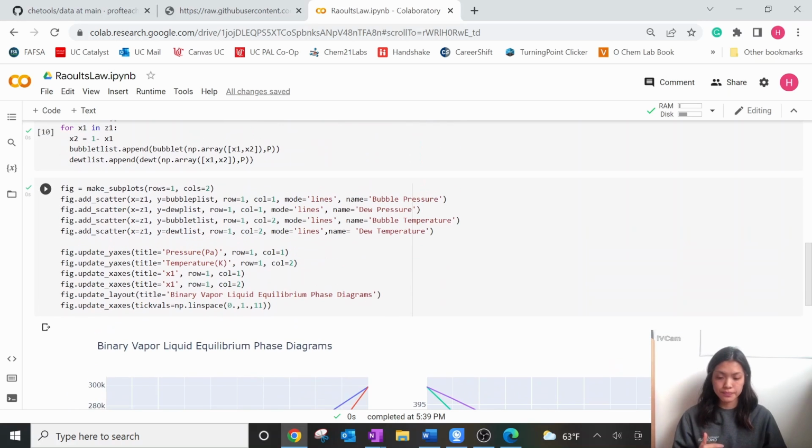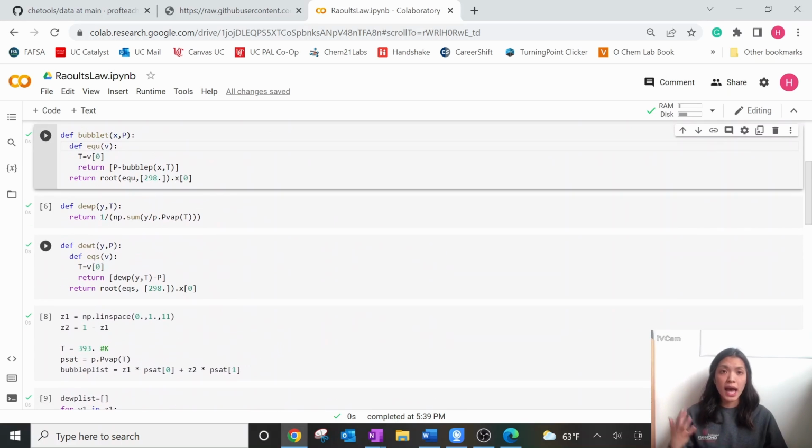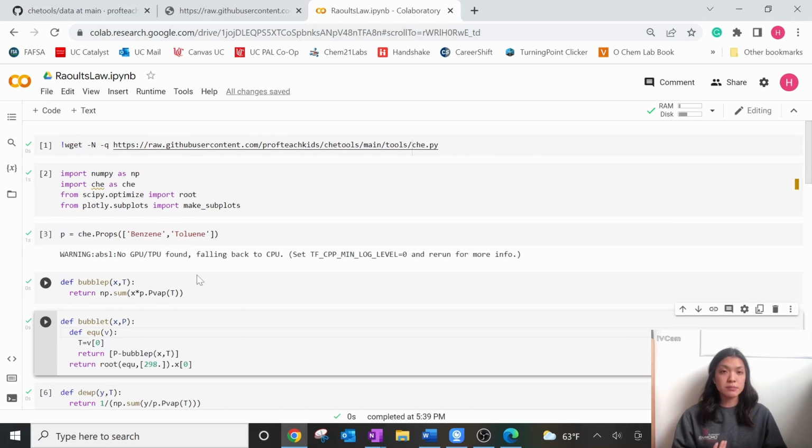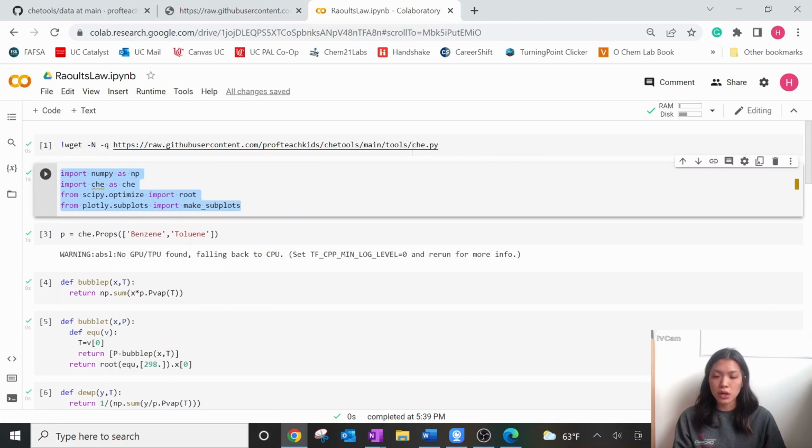Before we start writing new lines of code, let's review some of the old lines of code so we know what things mean. What's really important is what we imported up here. We imported numpy as NP, so when we use numpy later on, we will use it as NP. Numpy allows us to perform more advanced mathematical functions, such as the summation that we'll be using.